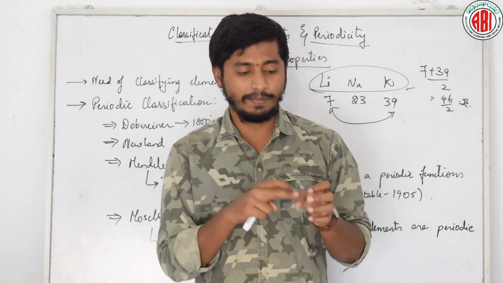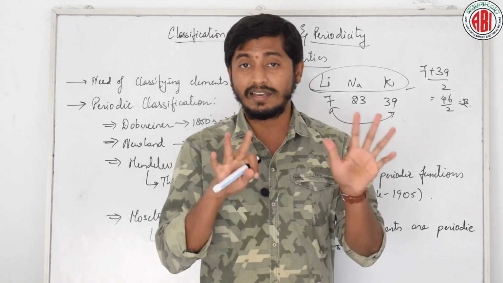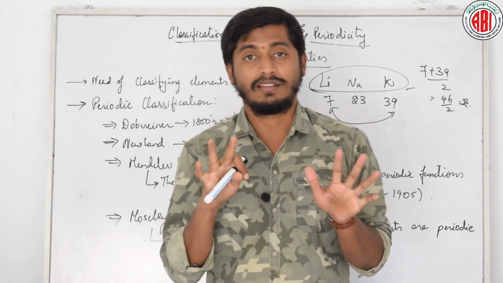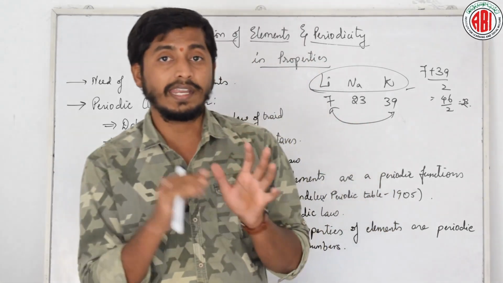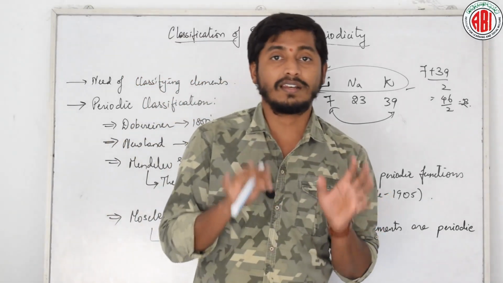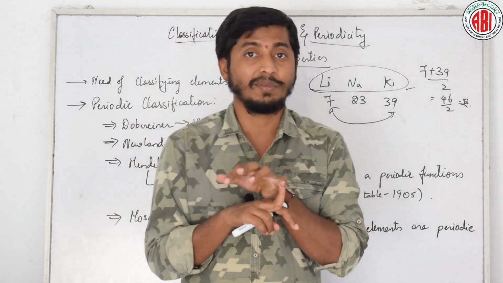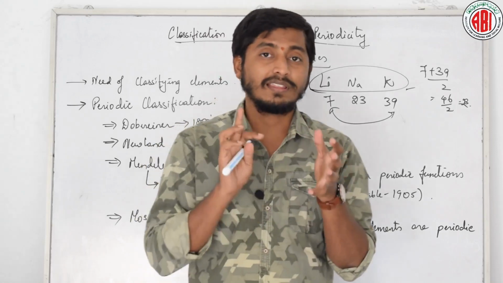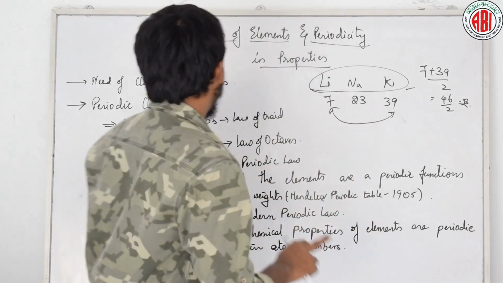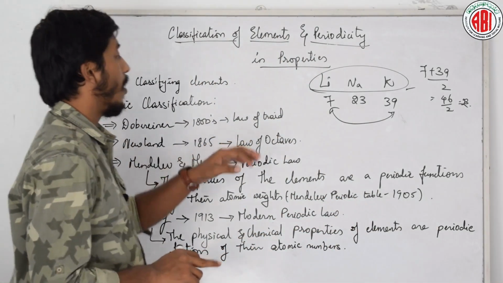Sa, Re, Ga, Ma, Pa, Da, Ni, Sa. Isn't it? There are 8 notes in that. It starts from Sa, it ends with Sa. Which means the first and the 8th note are similar. Based on that analogy, Newlands discovered the law of octaves.